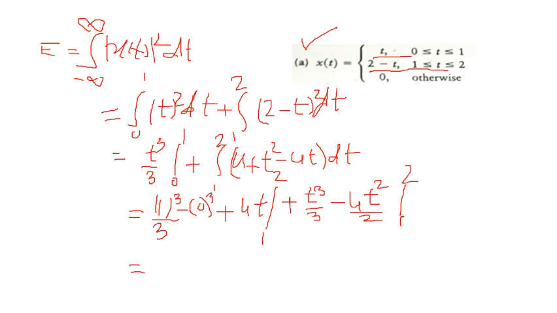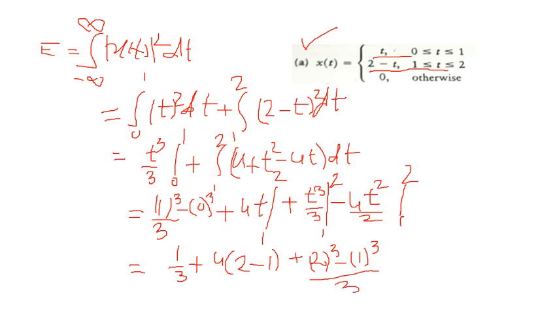Okay, so on simplification we get 1 by 3 plus 4 into the value of t, so that will be 2 minus 1, and again here the integration is 1 to 2, so this will be 4 plus 2 cube minus 1 cube divided by 3.